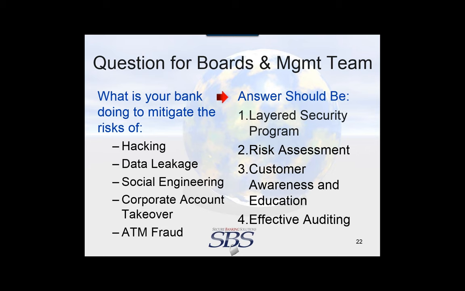So the good news is no matter what's on the left of this slide, what you're looking to mitigate the risk of, you can invest in and be confident in a good layered security program that starts with good risk assessment, not spreadsheet-based assessments like many of you are still doing, but good assessments where you can really understand what's going on, with informed customers, informed employees, folks that are just aware.